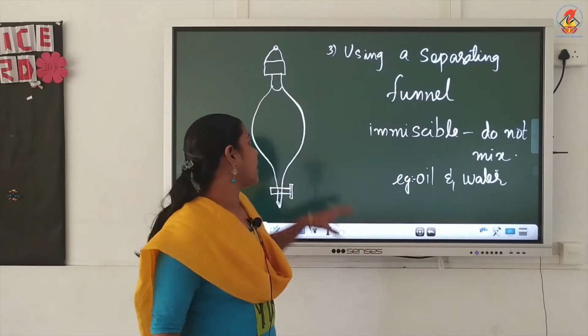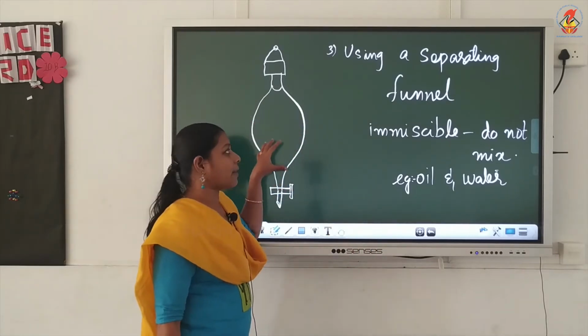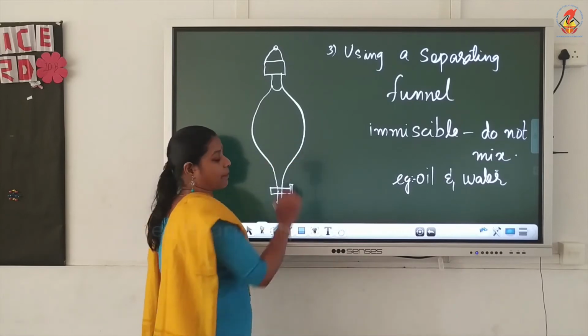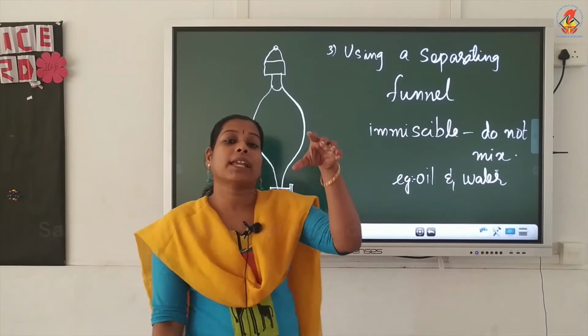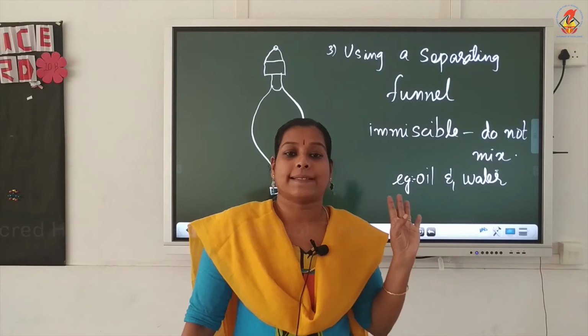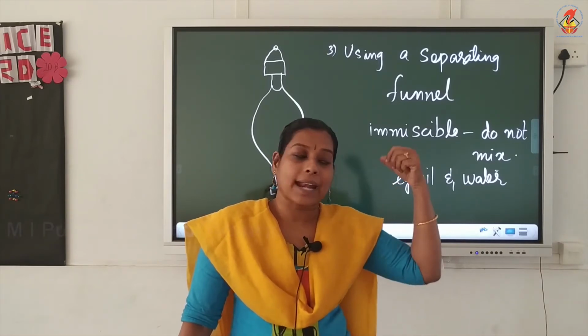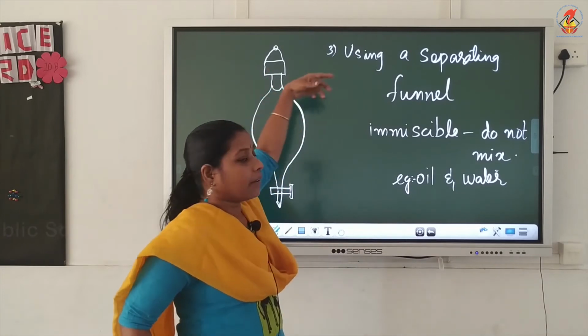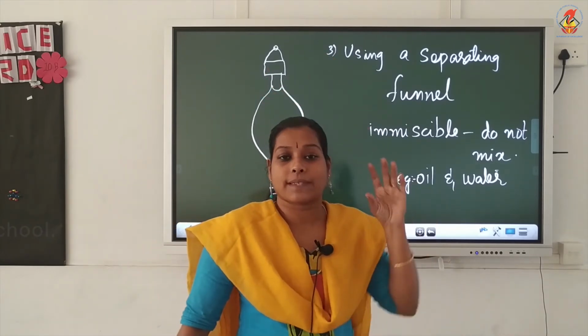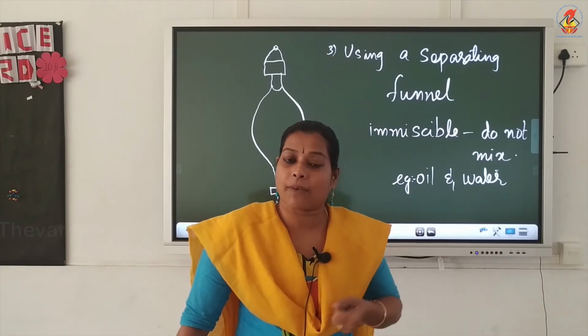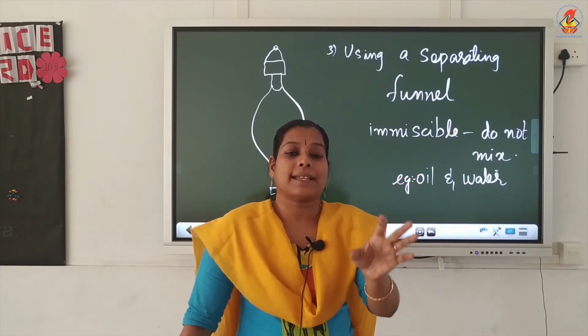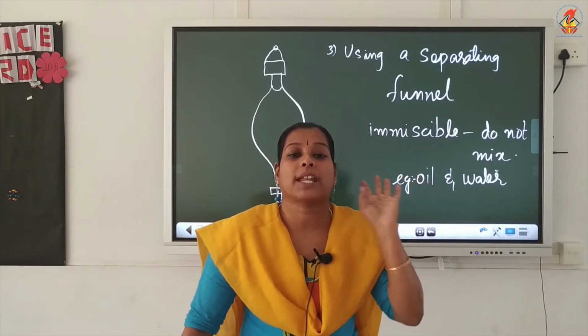When we take that mixture in this separating funnel, we will keep it for some time without any disturbance. Initially we will pour the mixture into the separating funnel by opening here, and then shake it properly. After that, we will keep it in a stand without any disturbance.